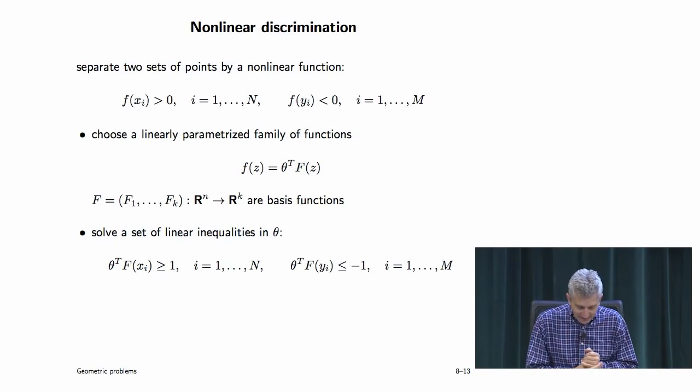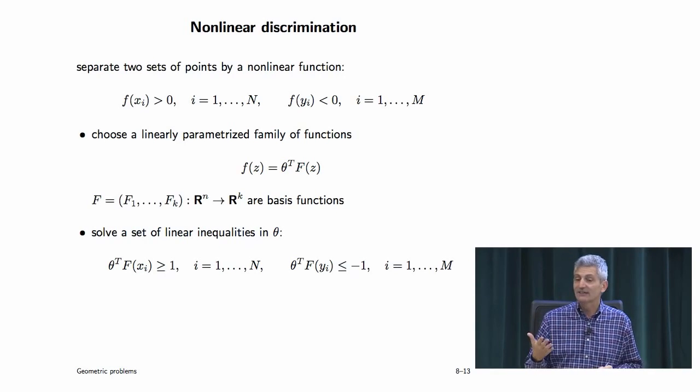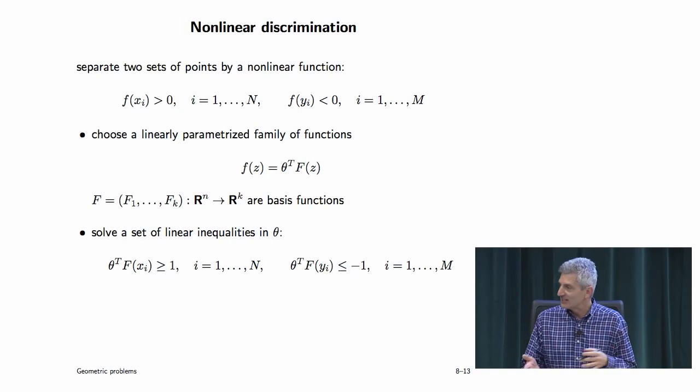Let's look at the idea of nonlinear discrimination. So far, we've been looking at linear discrimination. We can just as well look at nonlinear discrimination because, in fact, the fact that the classifier was linear was totally irrelevant. All that mattered was that it was linear in the parameters, right?